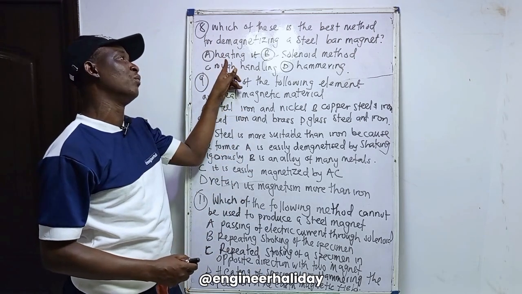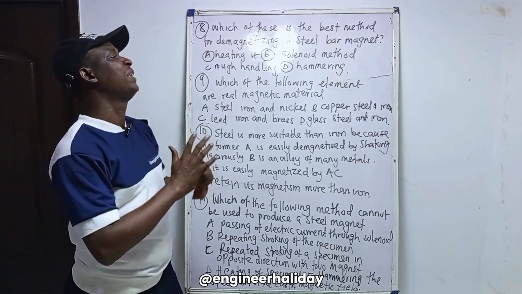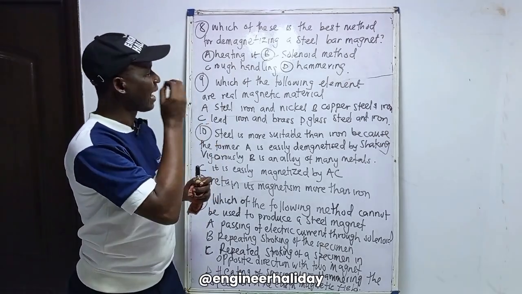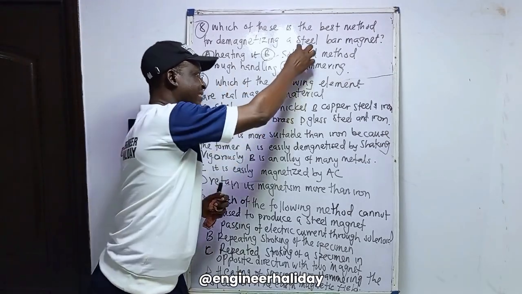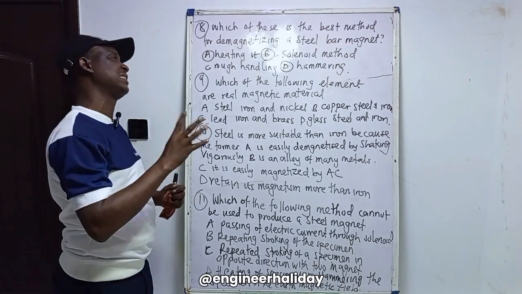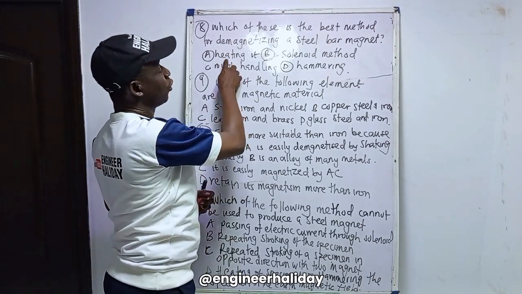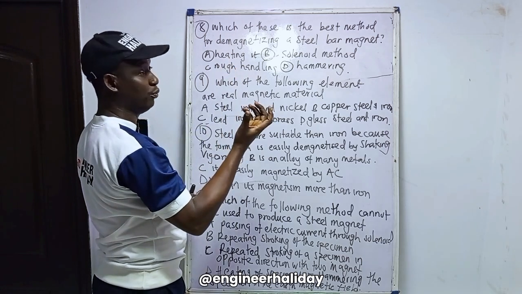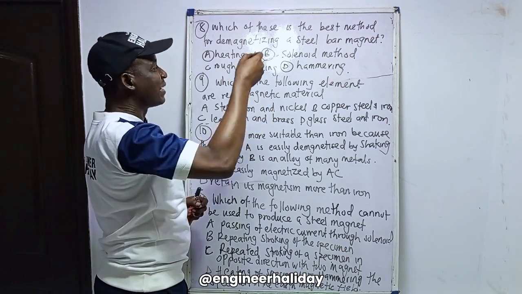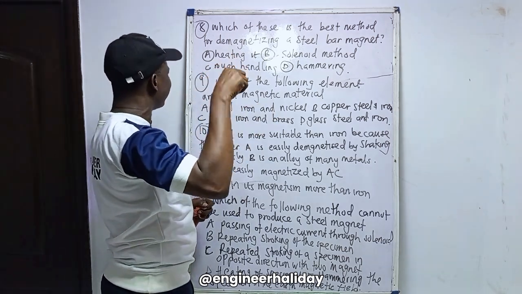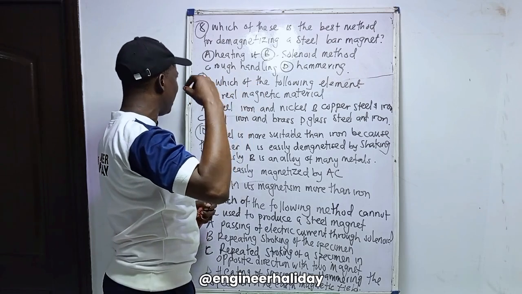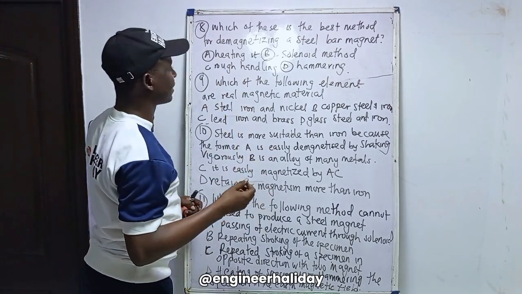And what happens when a magnet is completely demagnetized? It affects the material itself, the steel material of the steel bar magnet, so that's why this method of demagnetization is not advisable, because the steel bar magnet might not be useful again for magnetization.